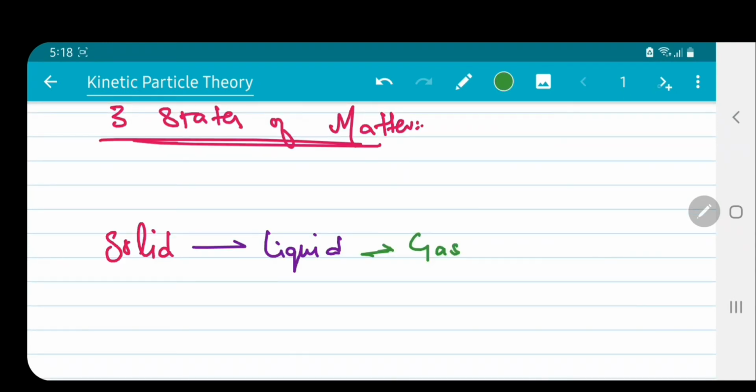In this we will look at which change of state of matter would involve an energy loss, and which change would involve an energy gain.